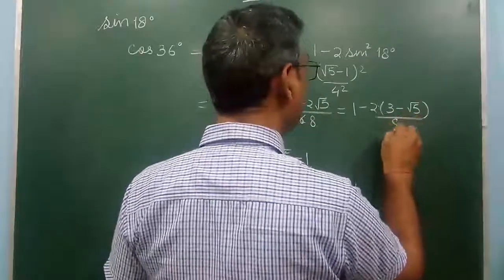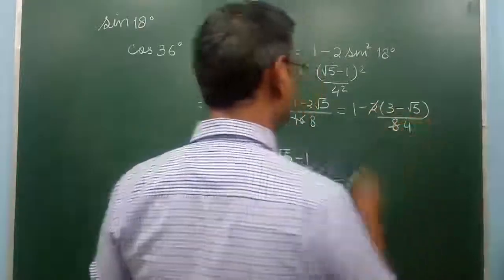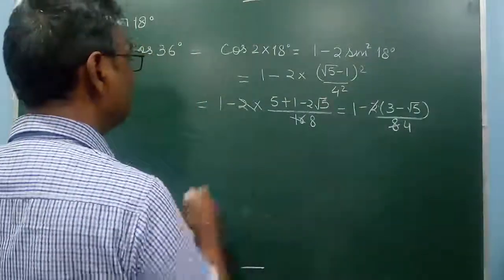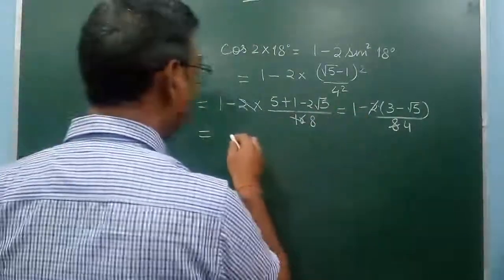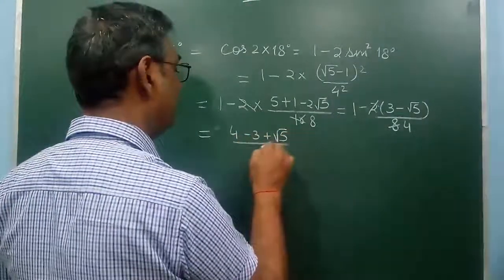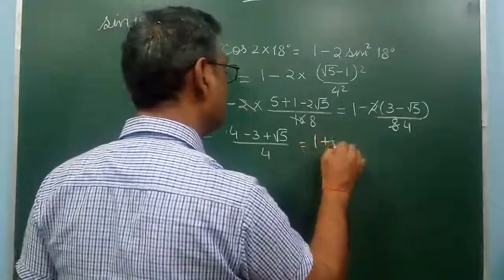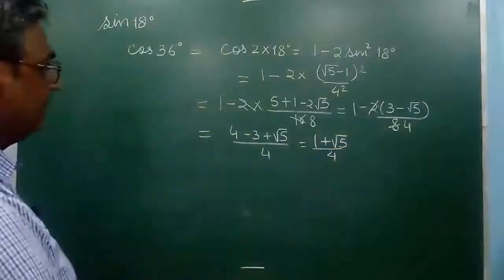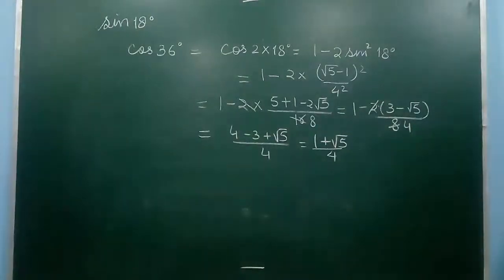We can write here 8. So this can be cancelled, 4. Now what can we do here? We can write here 4 minus 3 plus root 5 upon 4, and this is 1 plus root 5 by 4, means cos 36 value is 1 plus root 5 by 4.